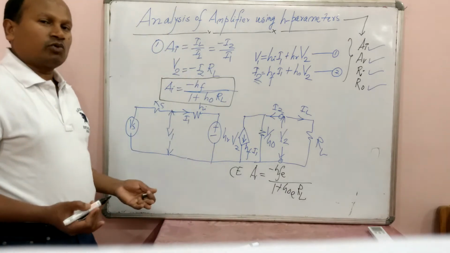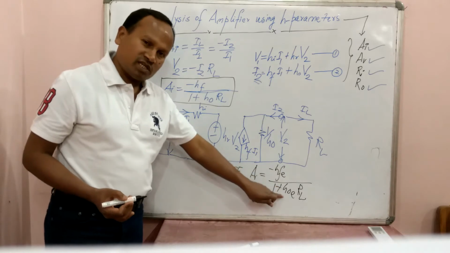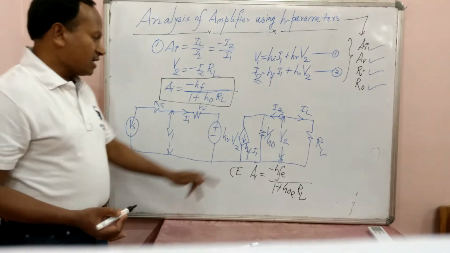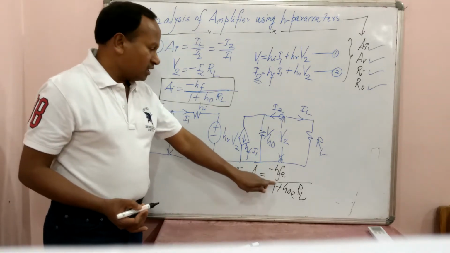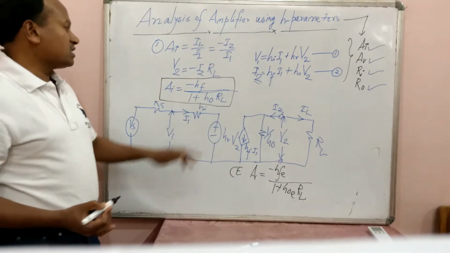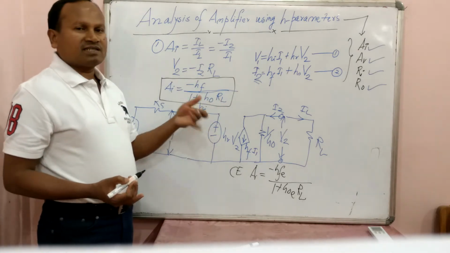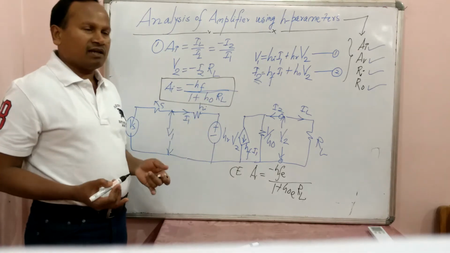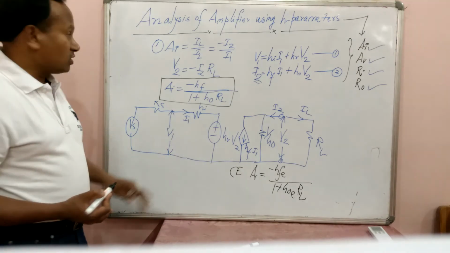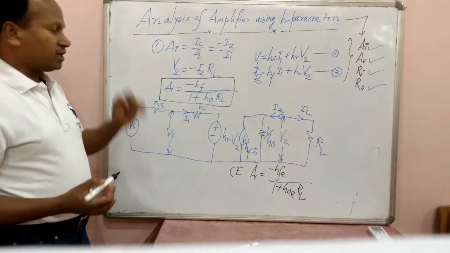For common collector, it becomes minus HFC divided by 1 plus HOC RL. For common base, it becomes minus HFB divided by 1 plus HOB RL. In some books, you can see that this RL is written as ZL, no problem. If it is written as ZL, that is impedance. If you are writing it as RL, this is resistance. So this is the first part of analysis which determines the value of current gain.